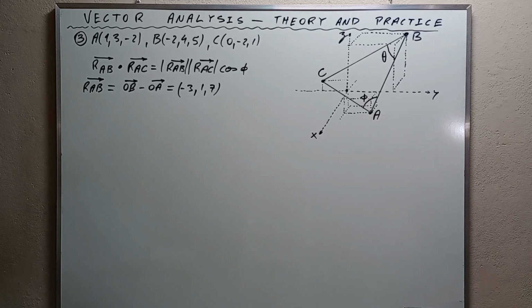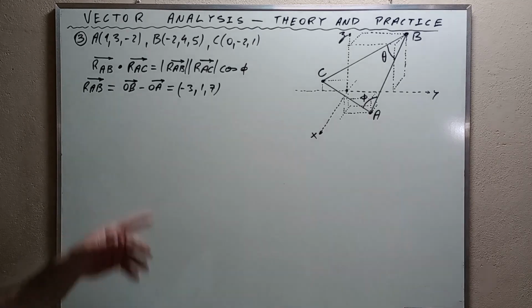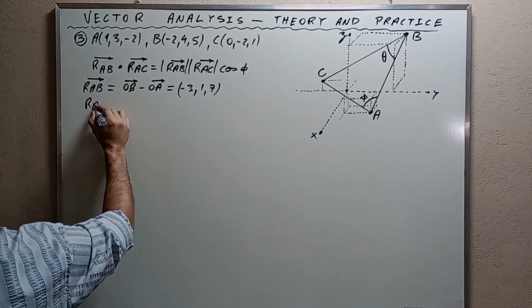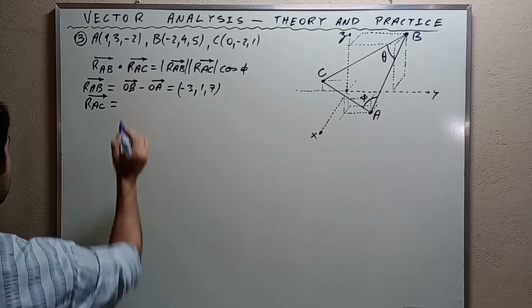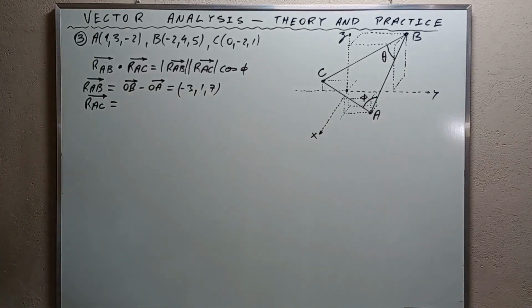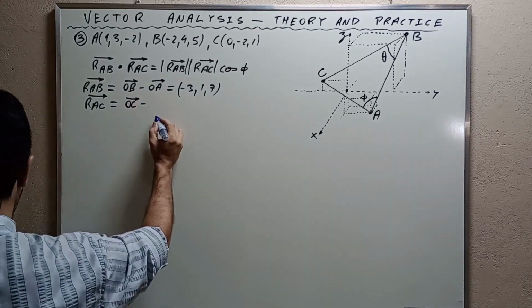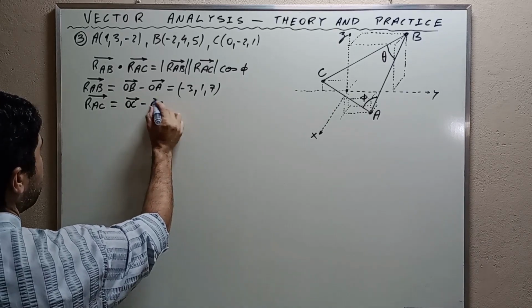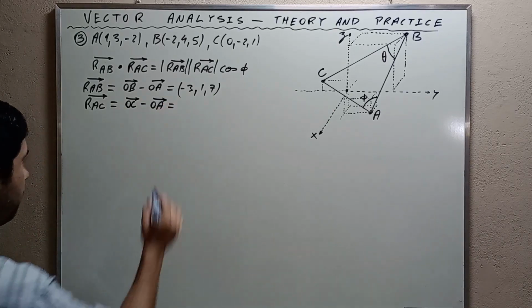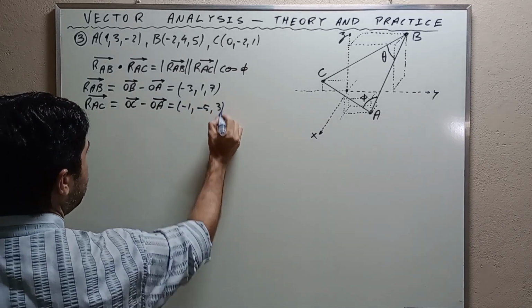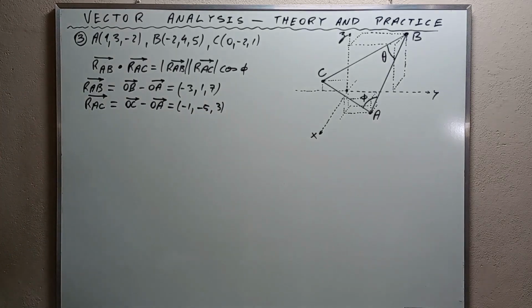Similarly, we use what we saw there for vector RAC, which can be obtained from the subtraction OC minus OA. And this is -1, -5, and 3. Alright, we are almost there.